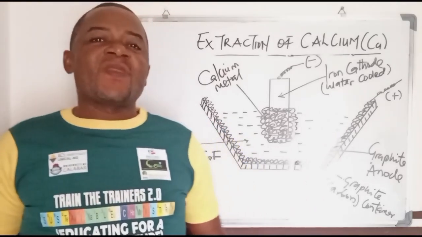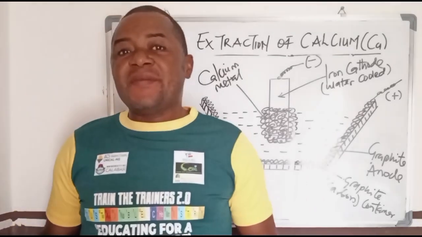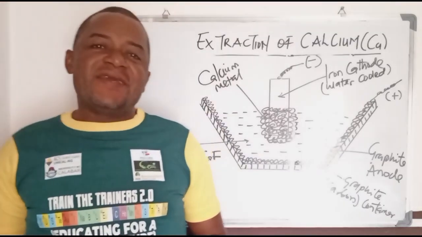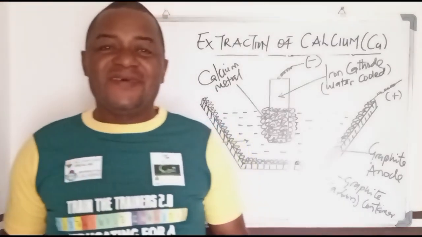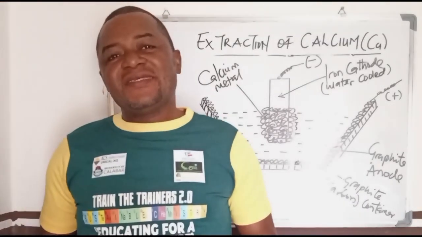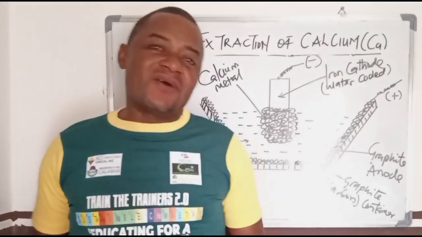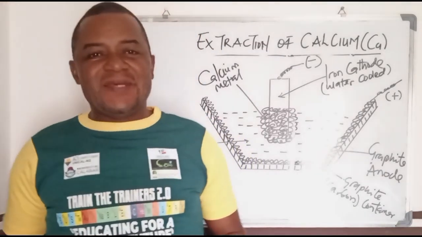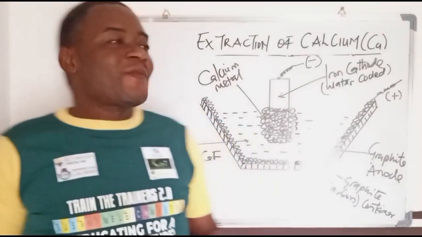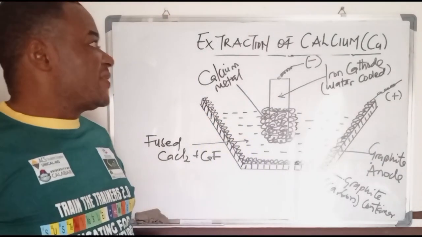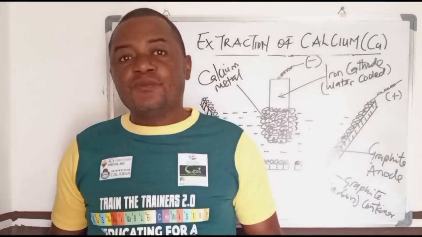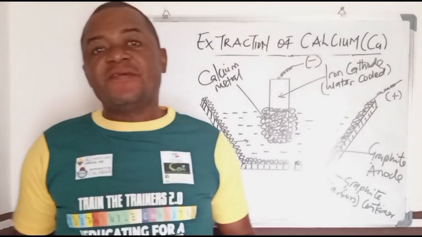But calcium is also one of the elements in the periodic table. Just like sodium is group 1 in the periodic table, so calcium falls around group 2 in the periodic table.